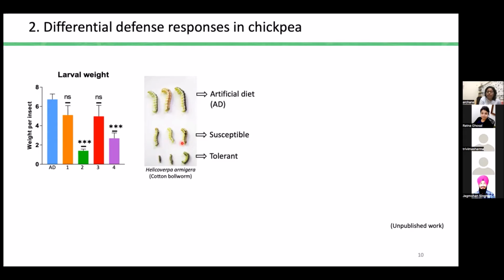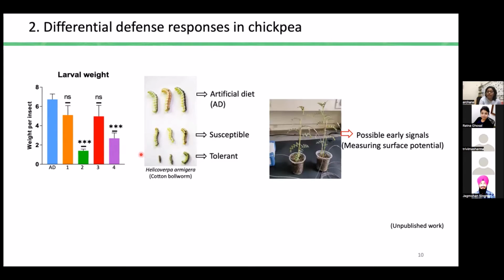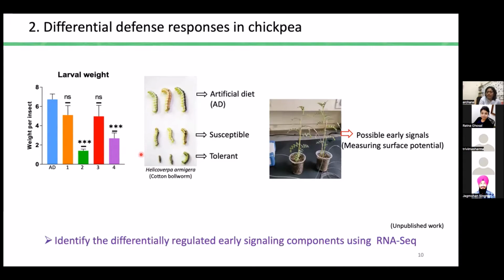When they feed on chickpea plants, this is a susceptible variety, and in the susceptible variety they have somewhat better growth compared to the tolerant one. Based on this data, we are further analyzing their defense responses using different markers and utilizing the RNA-seq approach to understand the different genes.